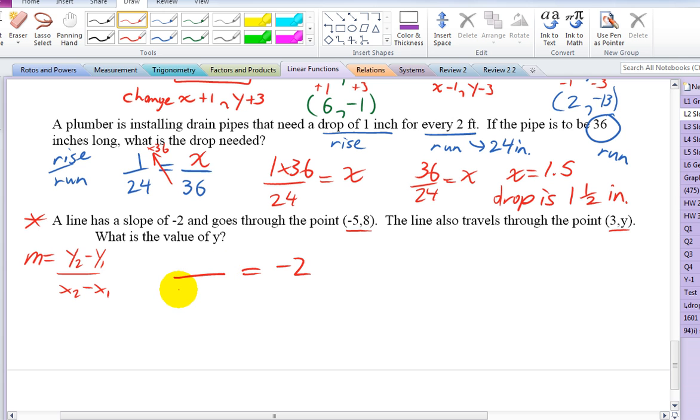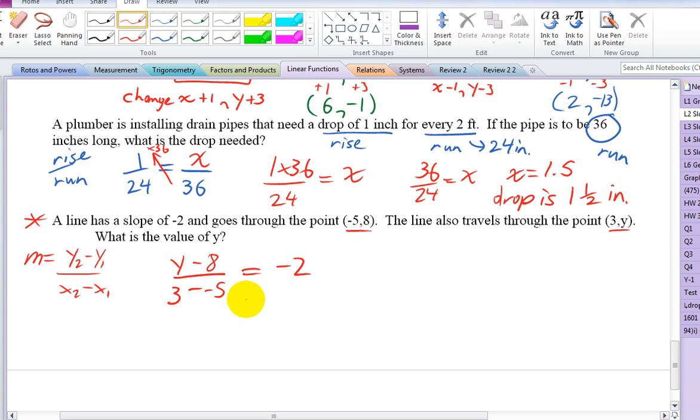So I just kind of flip it, move it on the other side of the equal sign. So we'll go y, 3's on the bottom, and what's the other point? Write that in, please. So there should be an 8 and a -5.